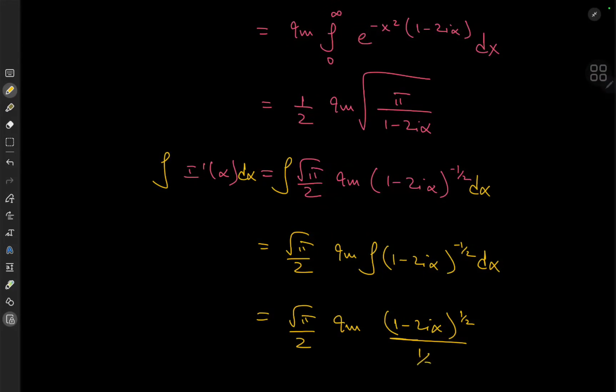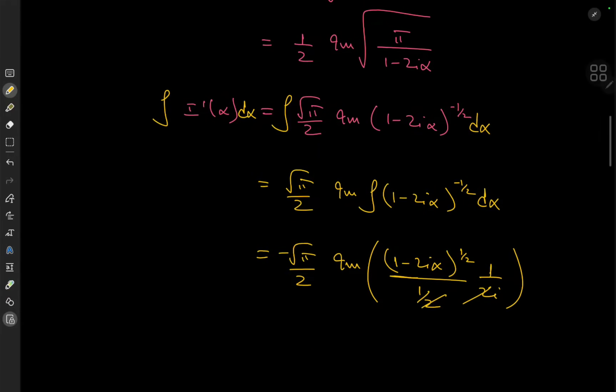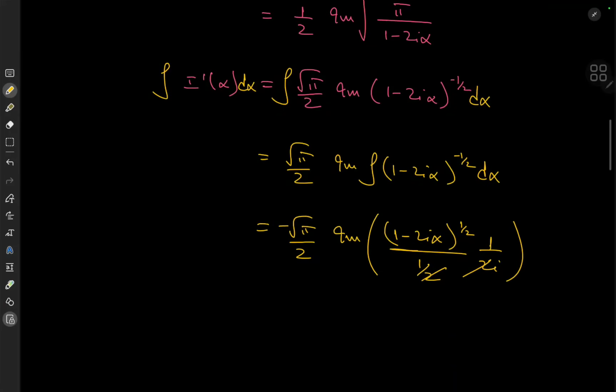over 1/2 again, but we would also need a negative 2i term being multiplied. So negative sign outside, and we have 1 over 2i over there, which is nice because the 1/2s actually cancel out. And the result is negative root pi over 2 times the imaginary part.